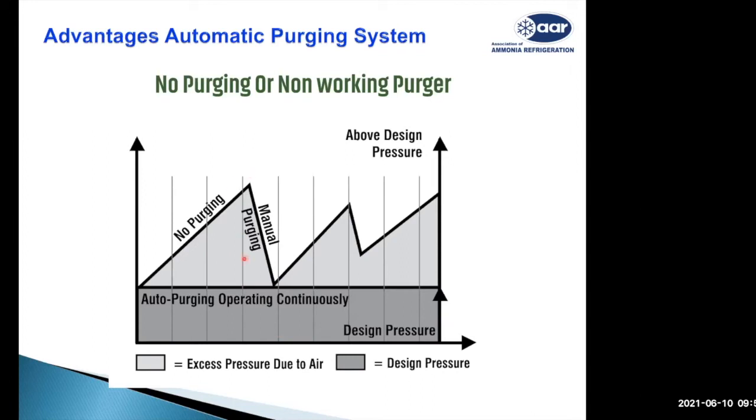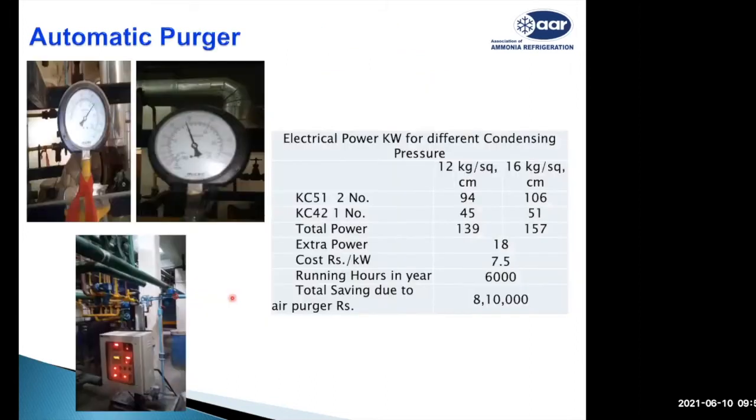This addition of pressure directly increases my power consumption and reduces the efficiency of a refrigeration plant. You can see here an actual plant where, before installing the purger, the discharge pressure was around 16.5 kg, and after the purger was installed, the system was running around 12 kg.